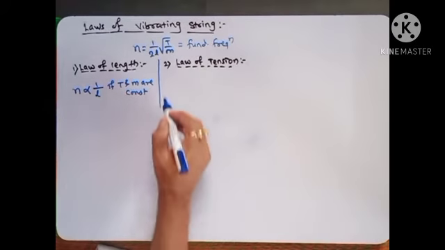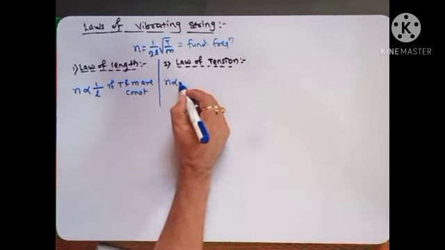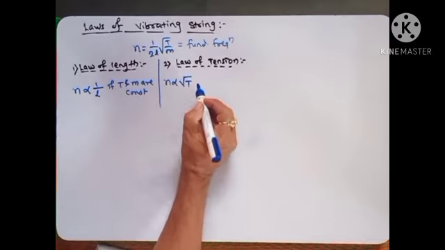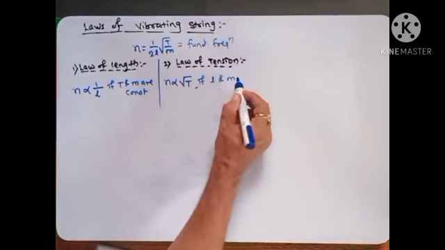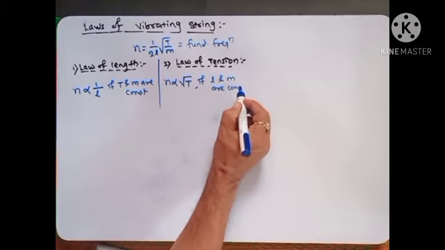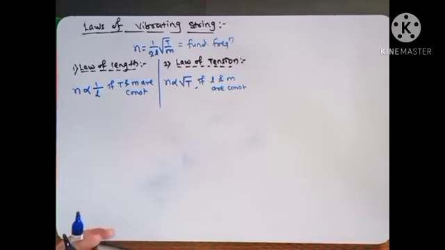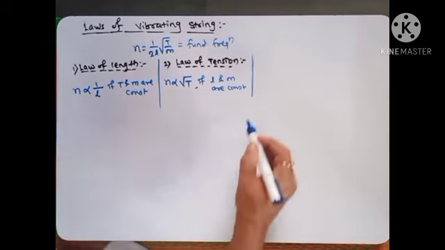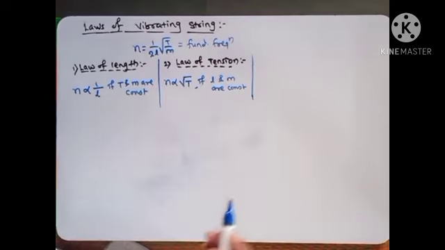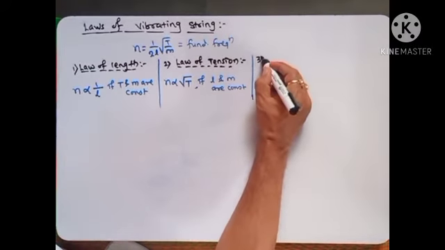Here, frequency of vibration of a string is directly proportional to the square root of applied tension if L and M are constant. This is the law of tension. That is, frequency of vibration of a string is directly proportional to the square root of applied tension when vibrating length and mass per unit length of the string are kept constant.